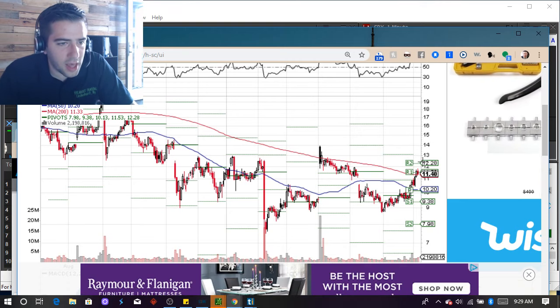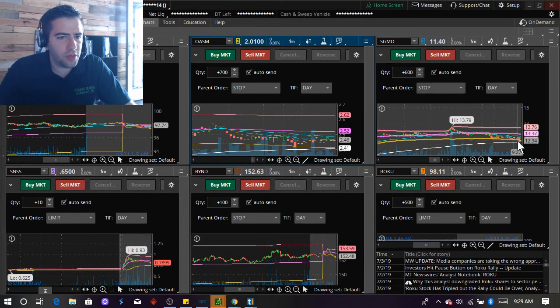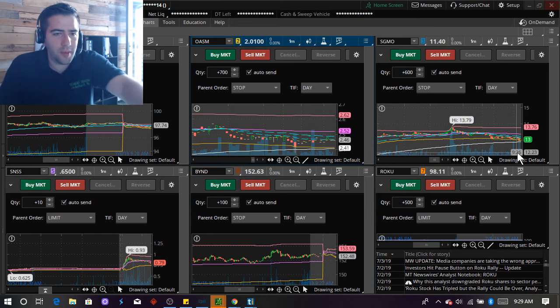The pivot point is 1328. Sorry, 1228. I like the pullback to 1228. I'm going to go ahead and put that order in. I don't have time to post it, but SGMO 1228 is the pivot.